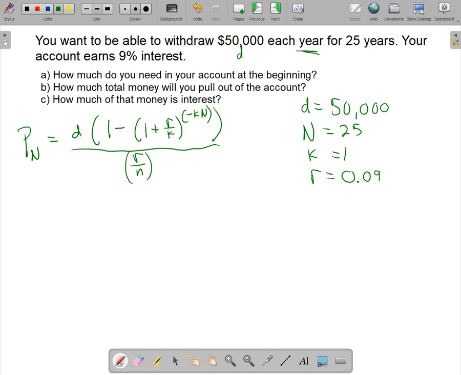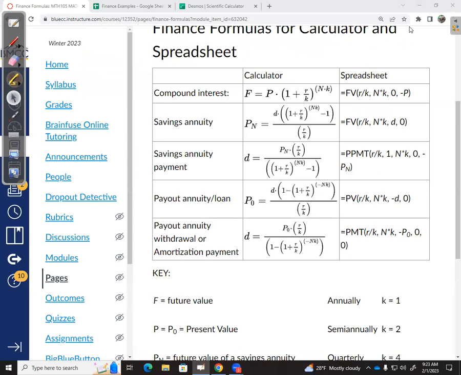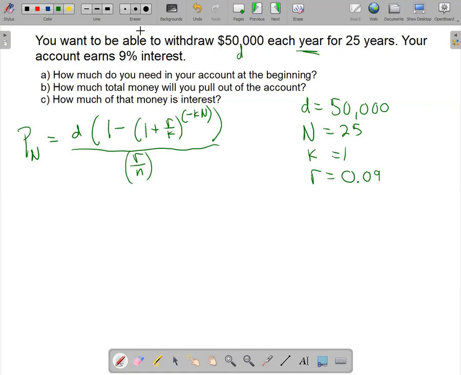Did I really get that right? It's this one right here. Oh, this should be R over K. Thank you. Sometimes I like to write little n for the monthly thing, so excuse my mistake there.